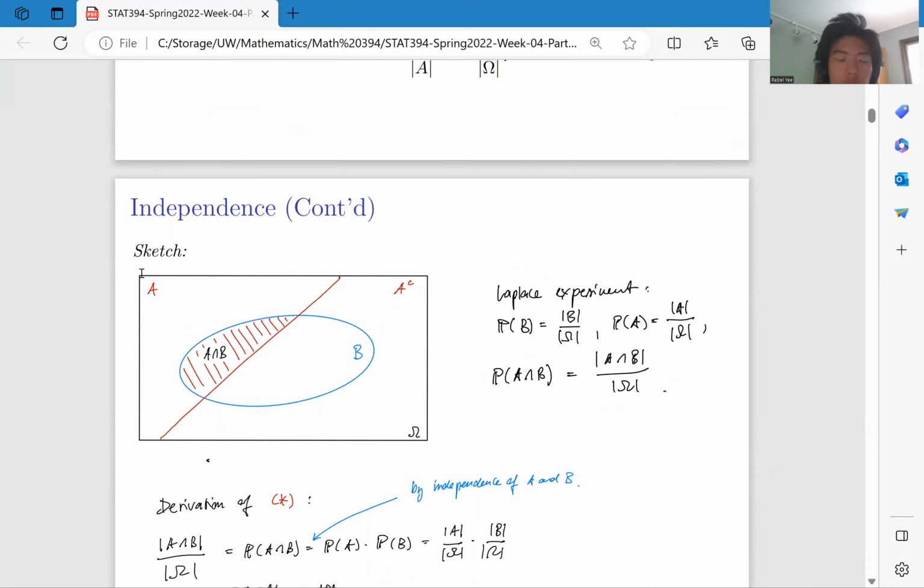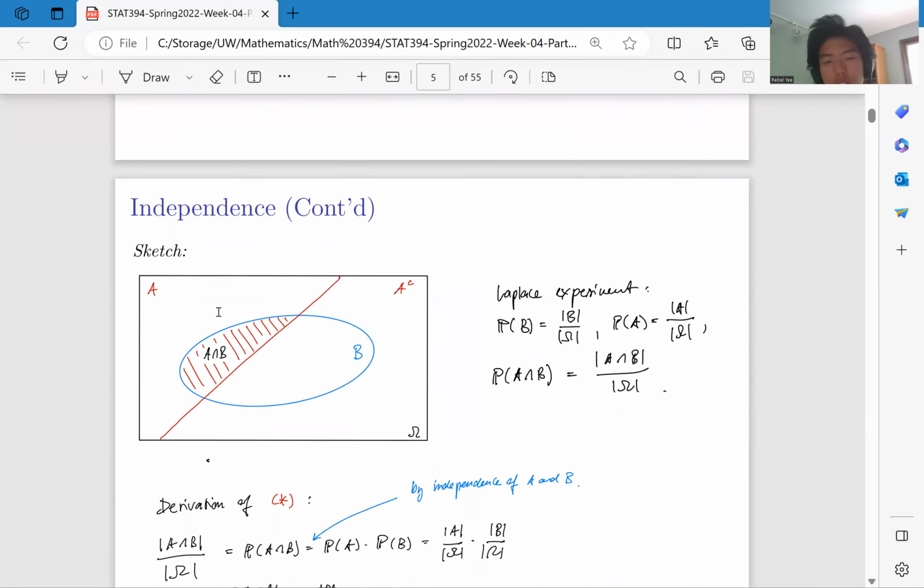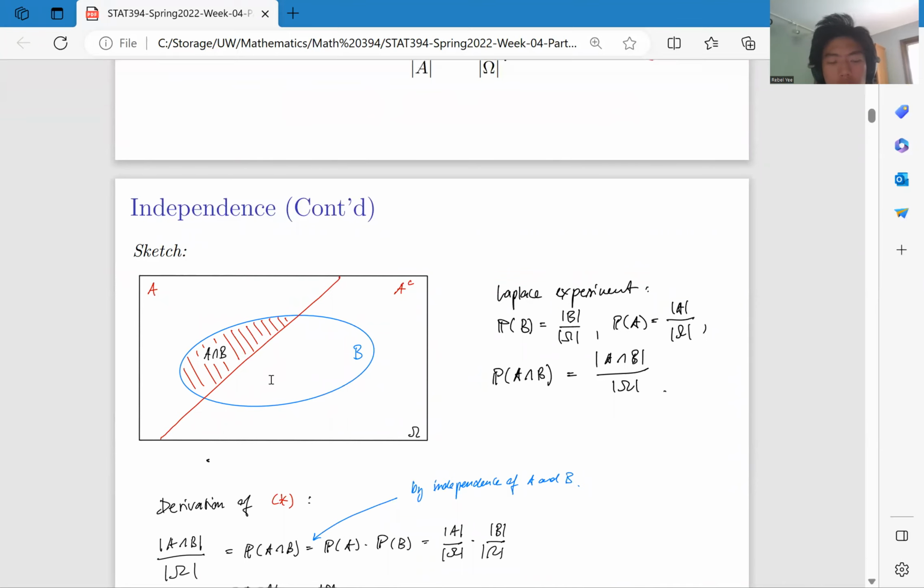Imagine the larger rectangle outside is the universe set, and we use a straight line to cut the universe set into two parts, A and the complement of A. We also have an ellipse in the center, which we say is event B. For now, the event A intersection B, by the Venn diagram, is the set that contains both A and B. So it's here.